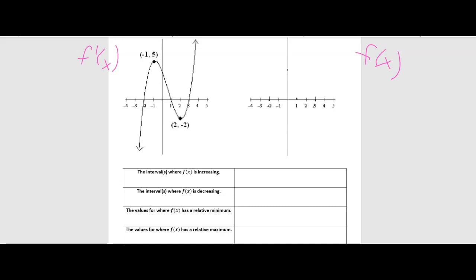So the intervals where f of x is increasing. Again, we have to go back to our derivative and original function relationships. If the original function is increasing, that means the derivative must be positive. So we need to look at the intervals for where f prime of x is positive.